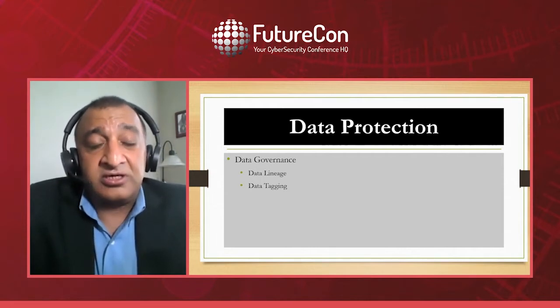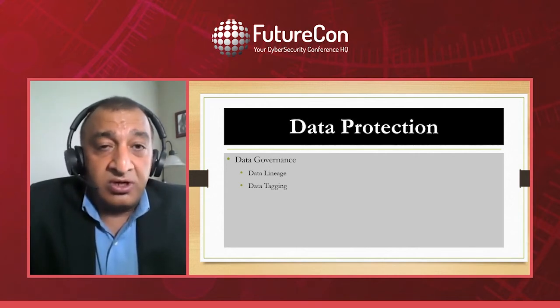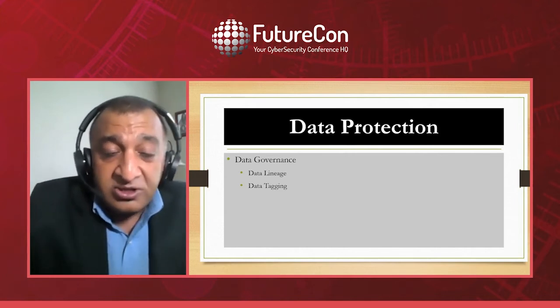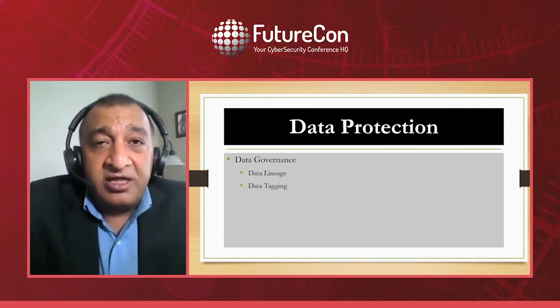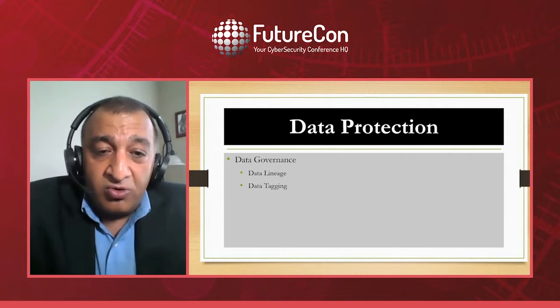How is your sensitive data moving from one database to a web server, to a middleware server, or to an end user customer? We create that data flow mapping and the different touch points it's going through.